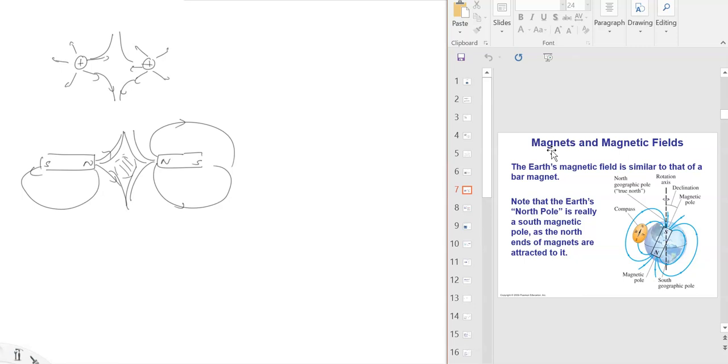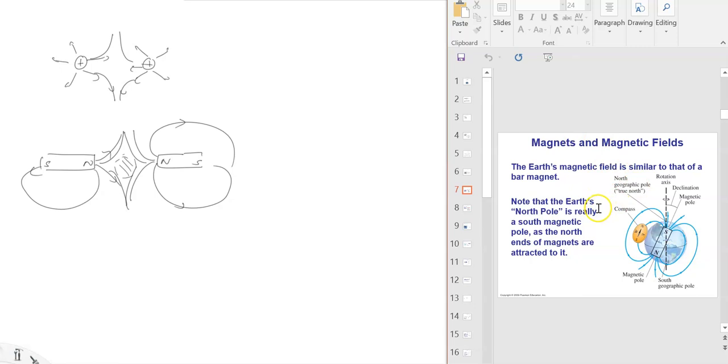I believe the current prediction is that in about 10,000 years this can change significantly. As of now, we can use a compass to find the North Pole approximately. The north pole of the compass points towards the South Pole because it gets attracted to the opposite pole, so that way we can find roughly where the North Pole is.